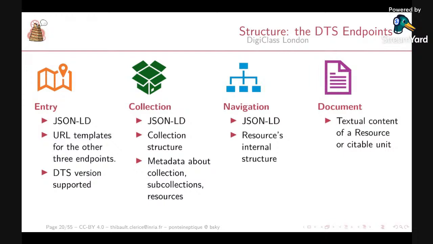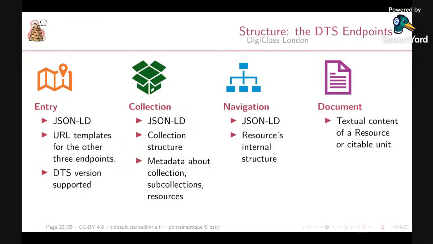Then you have the collection API, which is basically the catalog browser. If I simplify things, you have the navigation APIs. So when you find a resource in the collection API, you can do two things with it. You can go to the document API and say, give me the full document, and it will print you the full TEI or the full HTML, depending on what kind of document you have.